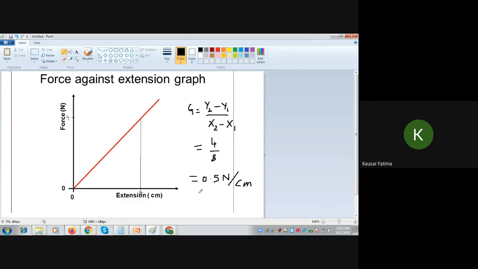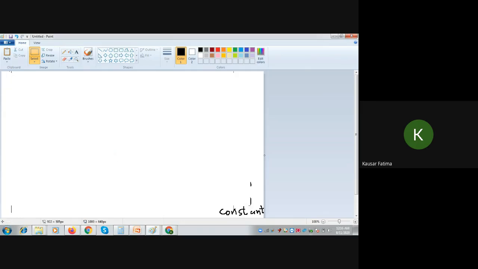So this is called K, and this is the spring constant or stiffness of the material. Spring constant or stiffness, the constant of proportionality, and it comes from Hooke's law, which says that force is directly proportional to extension.